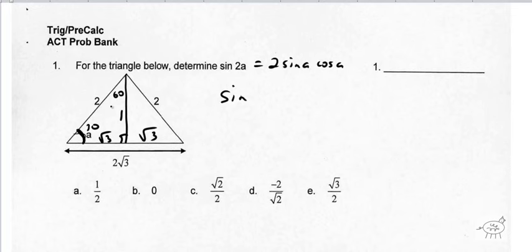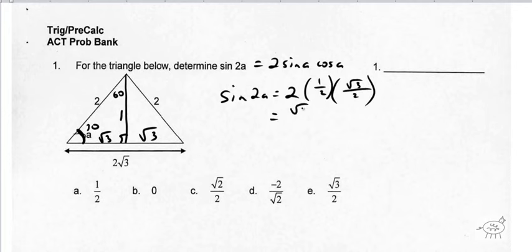So sine of 2a is 2 times sine of a, which is opposite over hypotenuse, times cosine of a, which is adjacent over hypotenuse, root 3 over 2. So I multiply that out. I wound up getting root 3 over 2, which is E.